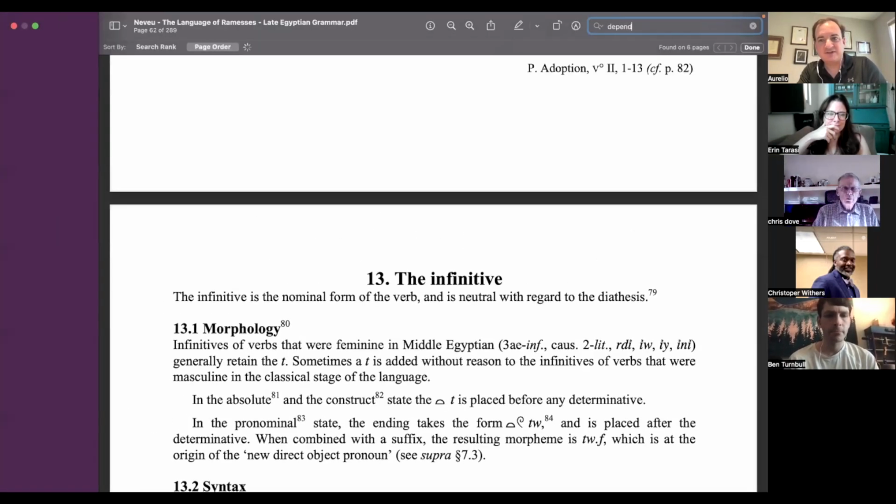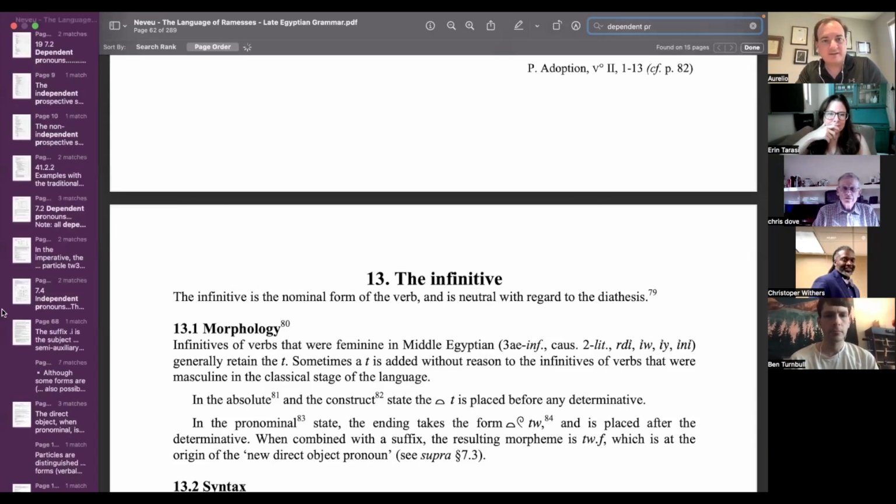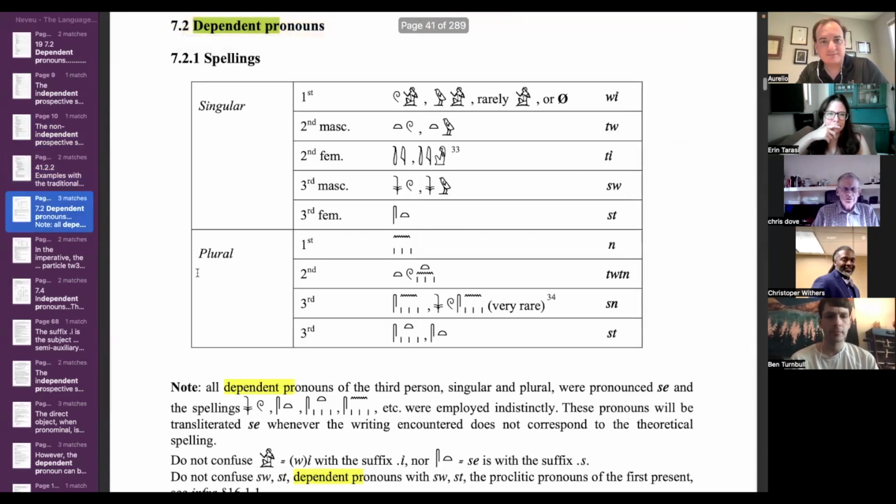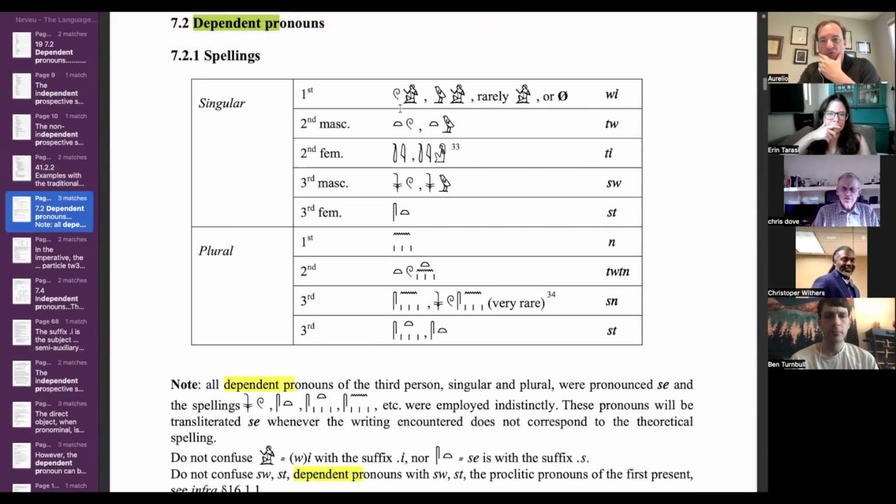Dependent pronoun in late Egyptian. And you don't see all of them all the time. Here we go. So we stays the same as in Middle Egyptian. Chu becomes tu. Chen becomes T. That's the hardest one to get used to because this was Chen in Middle Egyptian. Now it's T. Su stays the same. Set stays the same, it was C before.